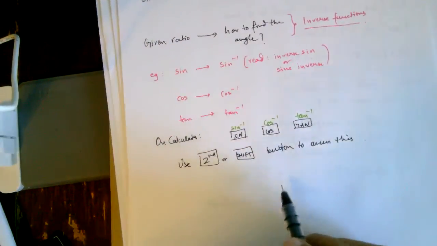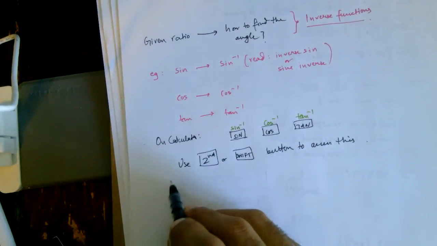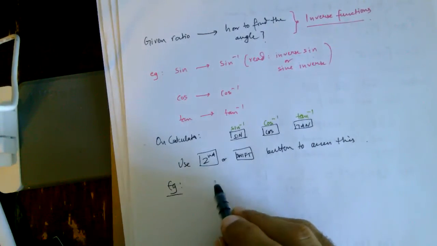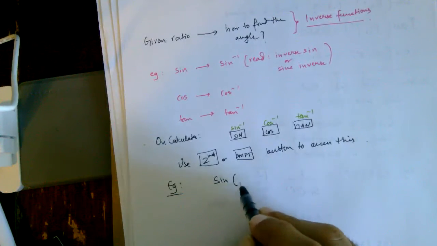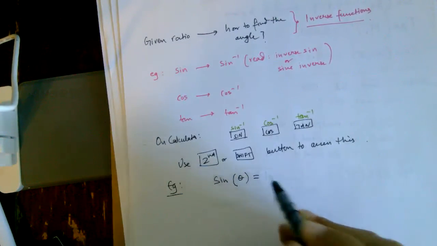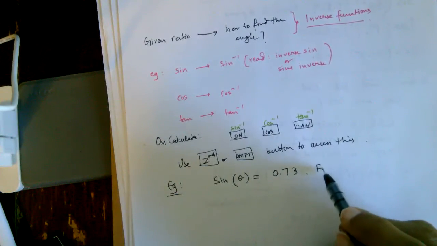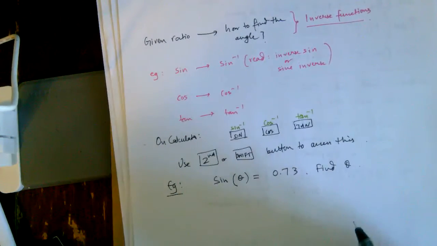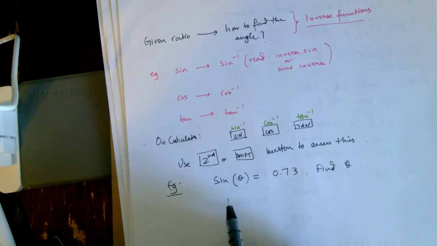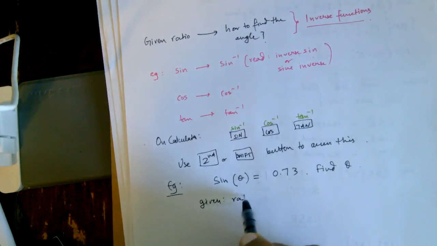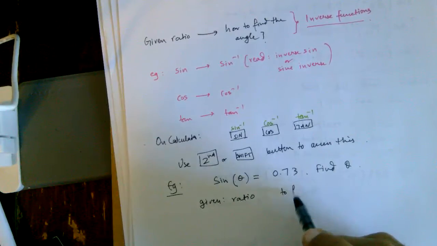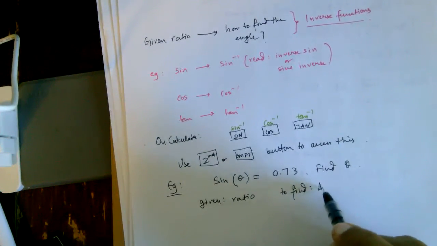Now this is how we solve this. So for example, let's say you're given that sine of theta is 0.73 and you're asked to find theta. First you understand that what's given is the ratio, and you're asked to find the angle.